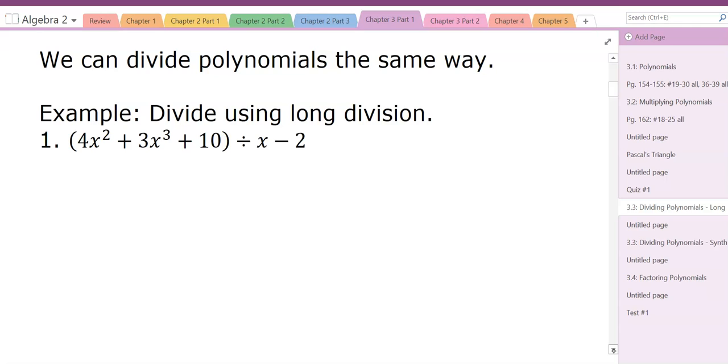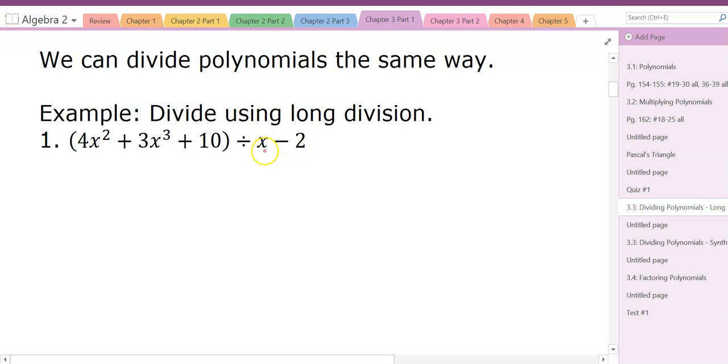When you go to set this up as a division problem, make sure that the polynomial that goes underneath your division bar is written in standard form. So put the biggest exponent first, and then the next biggest, until you get down to the smallest exponent.